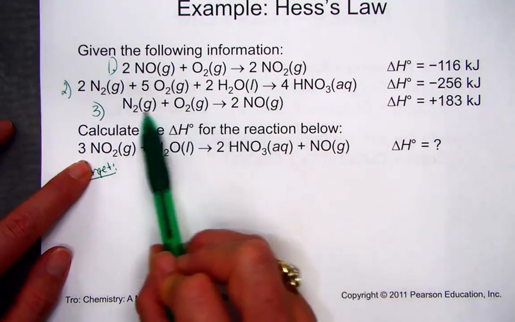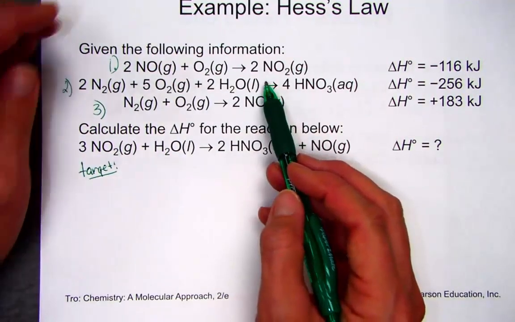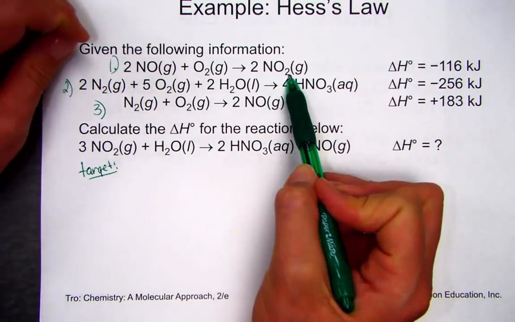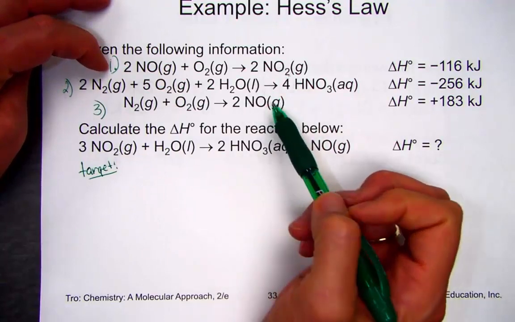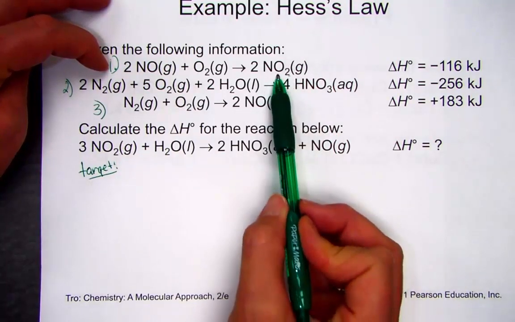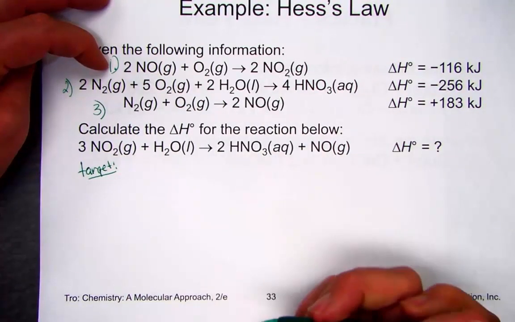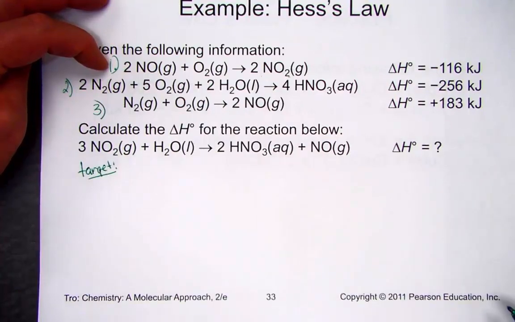I don't see NO2 written any other place. So here's what I like about it: NO2, its unique position. So now that gives me some ideas of what we're going to need to do with this particular equation. It's on the wrong side of the arrow. It's supposed to be a reactant, but I see that it's a product. And instead of 2 units, we're supposed to have 3 units.